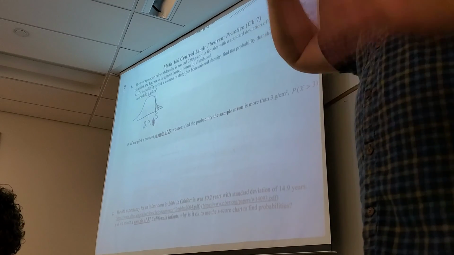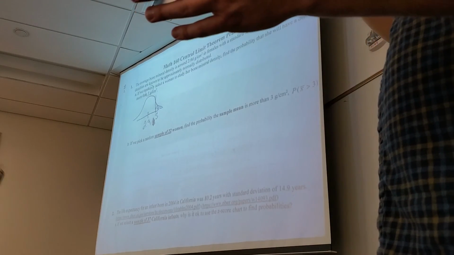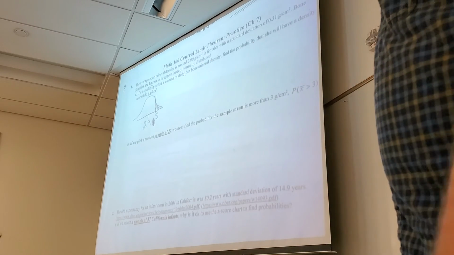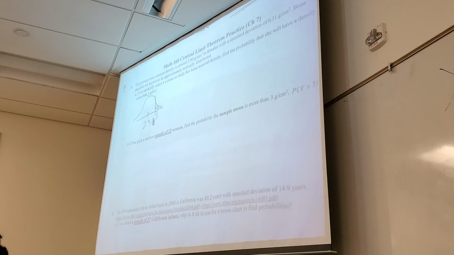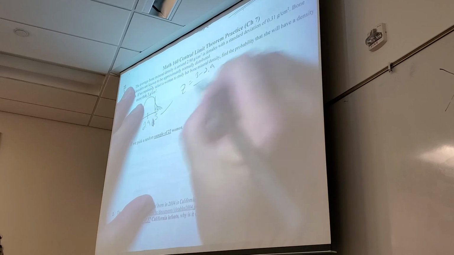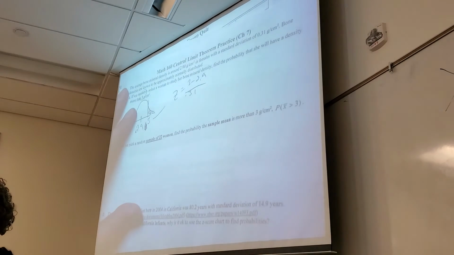Then I want to make 3 into a z-score. So 3 minus the mean, divided by the standard deviation. You guys know 1A is old stuff, right? Three minus 2.9 divided by 0.31.